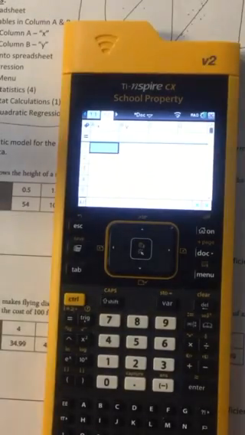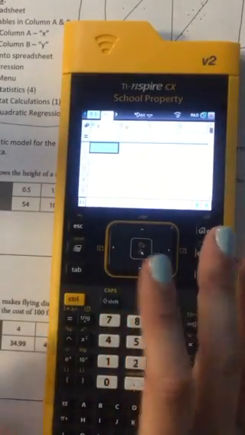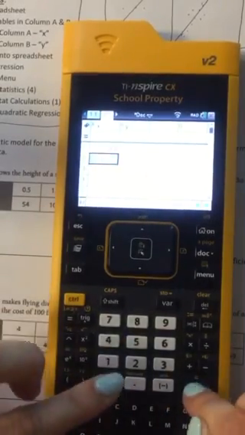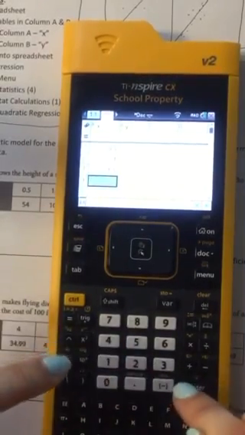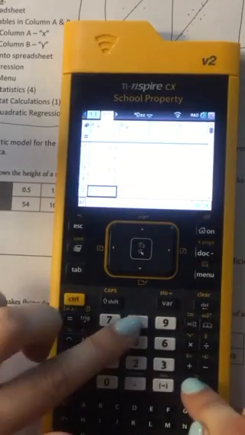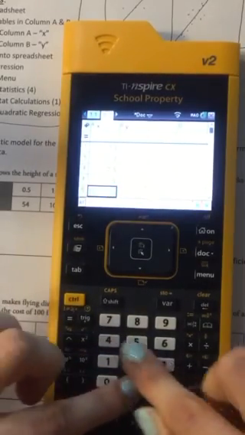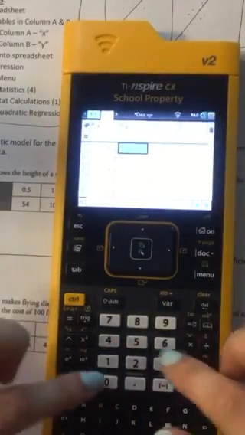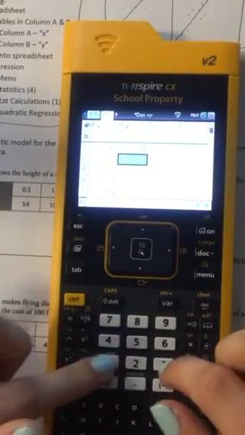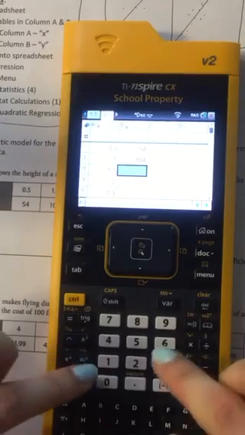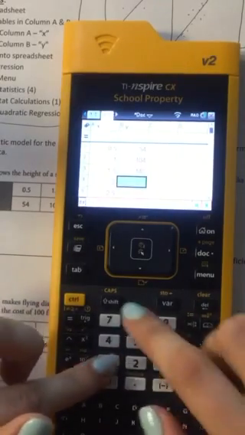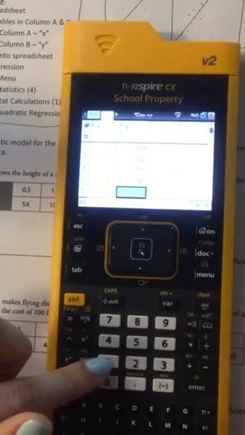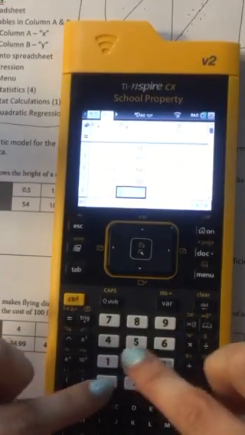Next, I'm going to fill in my table with my data. So I've got 0.5, 1, 1.5, 2, 2.5, 3, 3.5. I'm going to go to the other side: 54, 104, 142, 173, 195, 208, and 216.